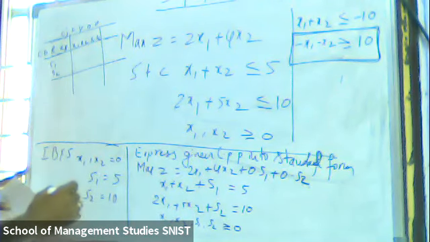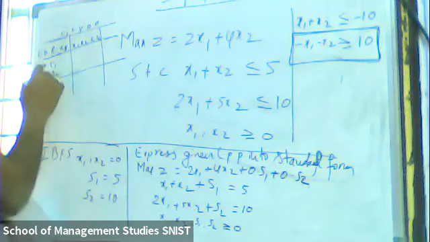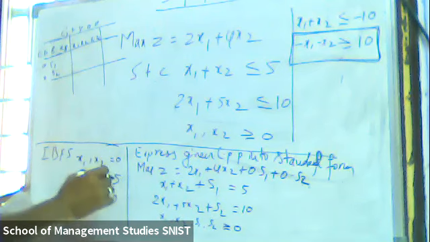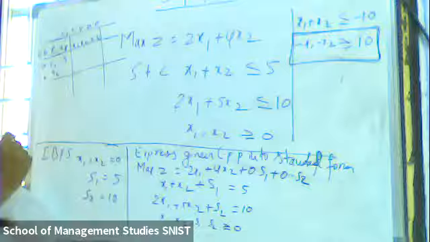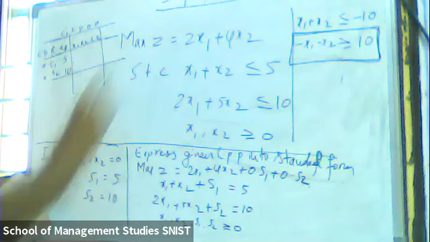What about the coefficient of S1 and S2 in the objective function? It becomes 0, 0. And in the initial basic feasible solution, S1 value is 5, and S2 is 10. Now we'll write here the x1 and x2 values based on the constraint.